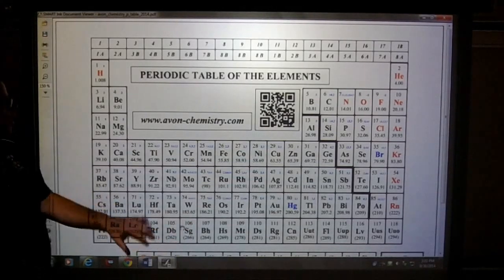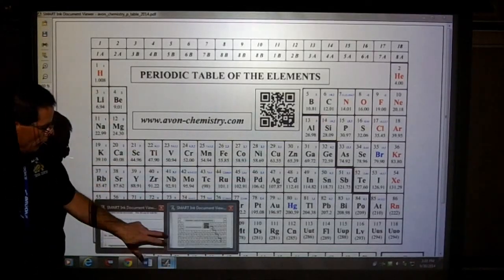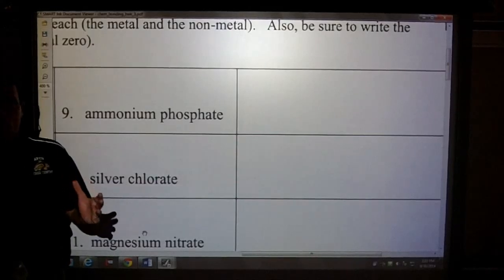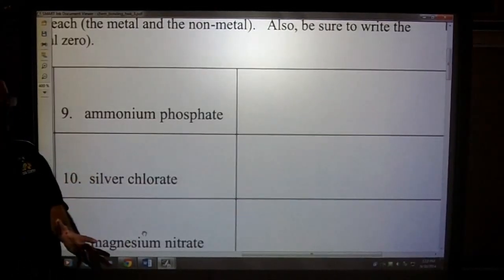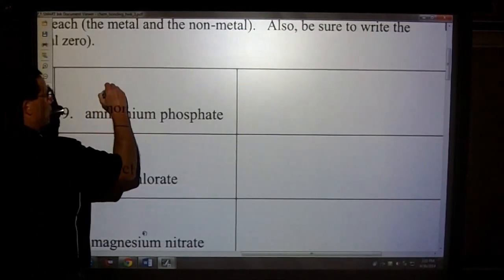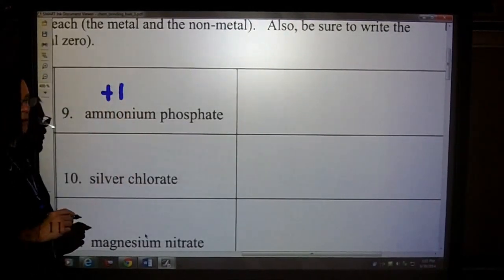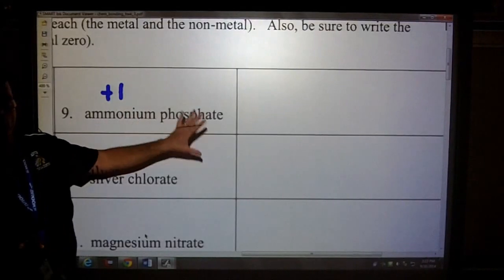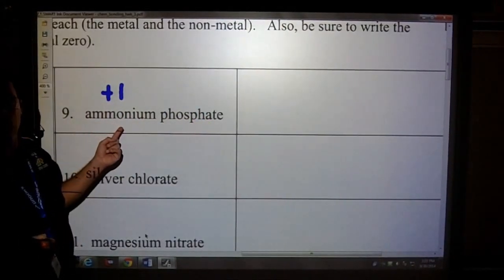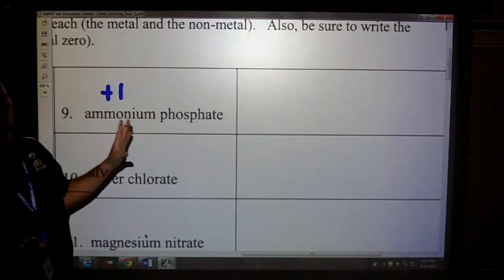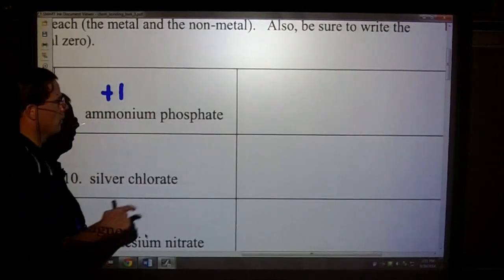That's not ammonium. So ammonium, by its nature, acts like a metal because it has a collective charge of +1. So we know that ammonium has a +1 and it is a polyatomic. It doesn't end in ATE. Only the polyatomics that are non-metals end in ATE. But ammonium has a +1 charge, and that's our only metal that we care about that is a polyatomic.